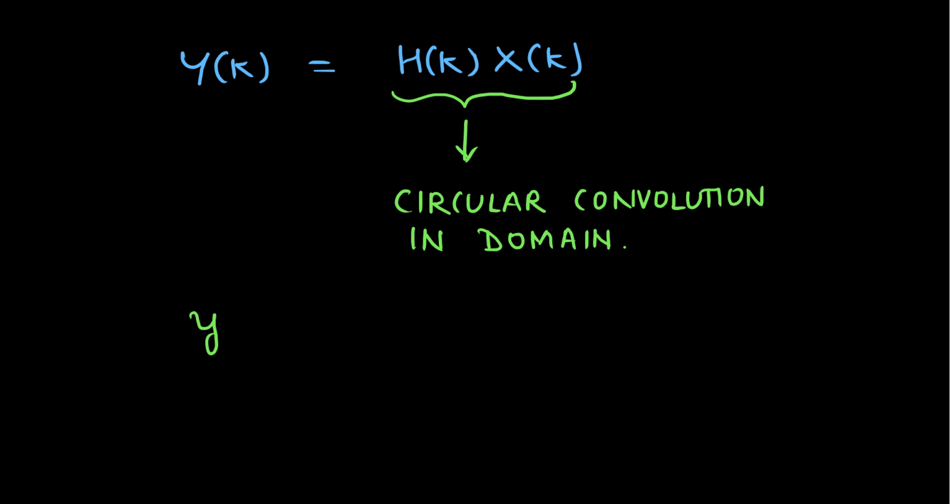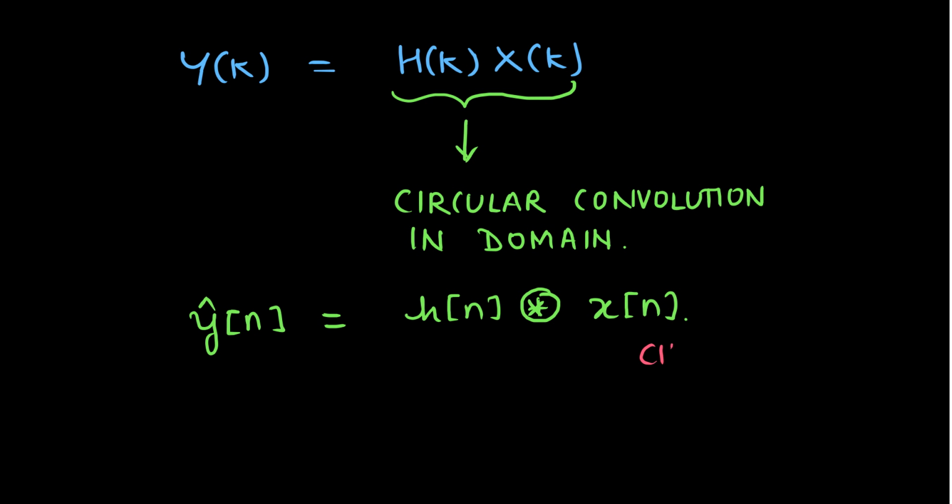Therefore, this y hat of n can be given as h of n circularly convolved with x of n. So basically, if we have multiplication in the DFT domain, then we get circular convolution in time domain.